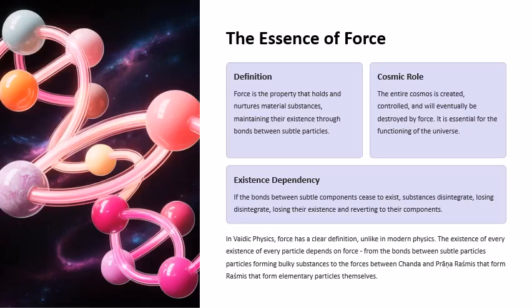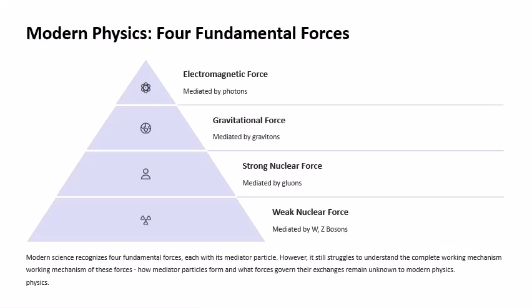Okay, so to set the stage, let's quickly recap the modern physics view. Familiar territory. Our source reminds us modern science identifies 4 fundamental forces. Yep, the big 4. Electromagnetic, gravitational, strong nuclear, and weak nuclear. Learned those in school. And we associate mediator particles with them, right?